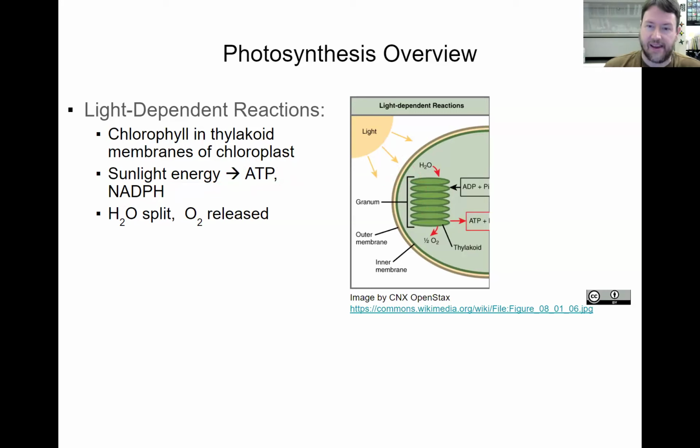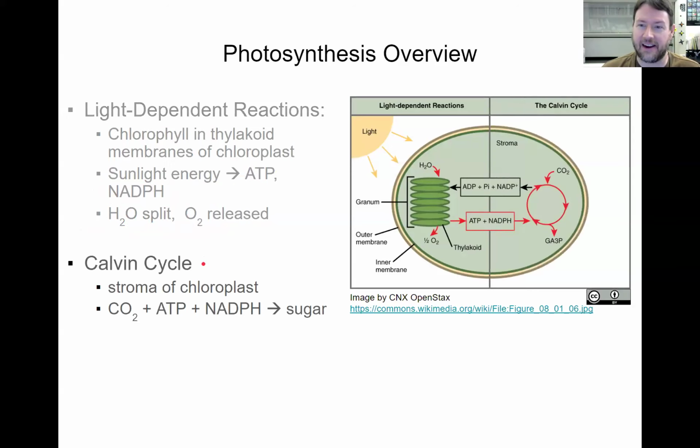And then water is split, and oxygen is released. So we formed ATP, we've got some high energy electrons, and we split water and released oxygen. So we have done half of the summary reaction for photosynthesis, basically.